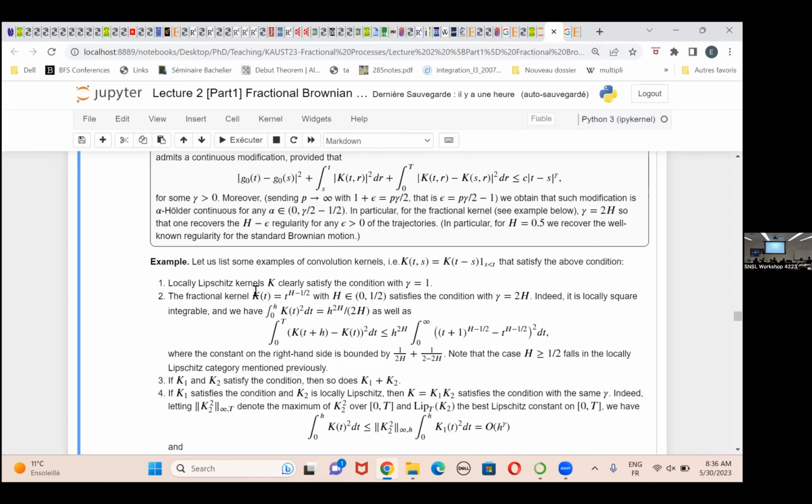For fractional Brownian motion, it's almost H Hölder continuous. So you see, the lower the H, the less regularity you have, and the bigger the H, the smoother the path gets.